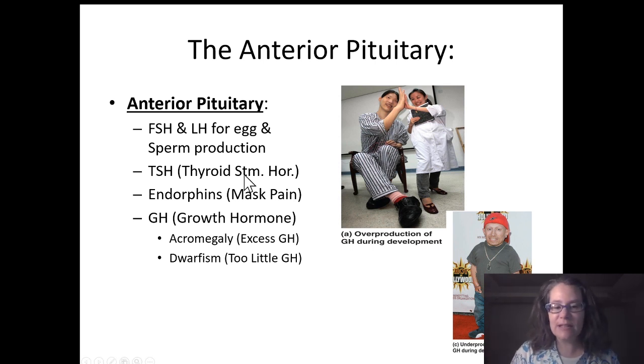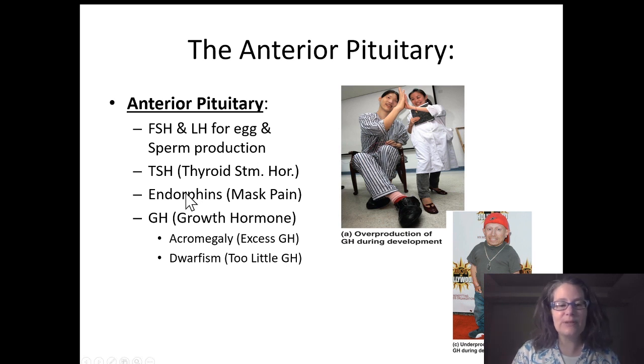There's also a thyroid stimulating hormone. This is a way for the brain to have some control over this butterfly-shaped gland that we'll talk about in part 2 called the thyroid. There are also endorphins produced here. These mask pain. If you've ever had a runner's high, those hormones that make you feel good and mask your pain as you're doing something difficult are often this endorphin class.